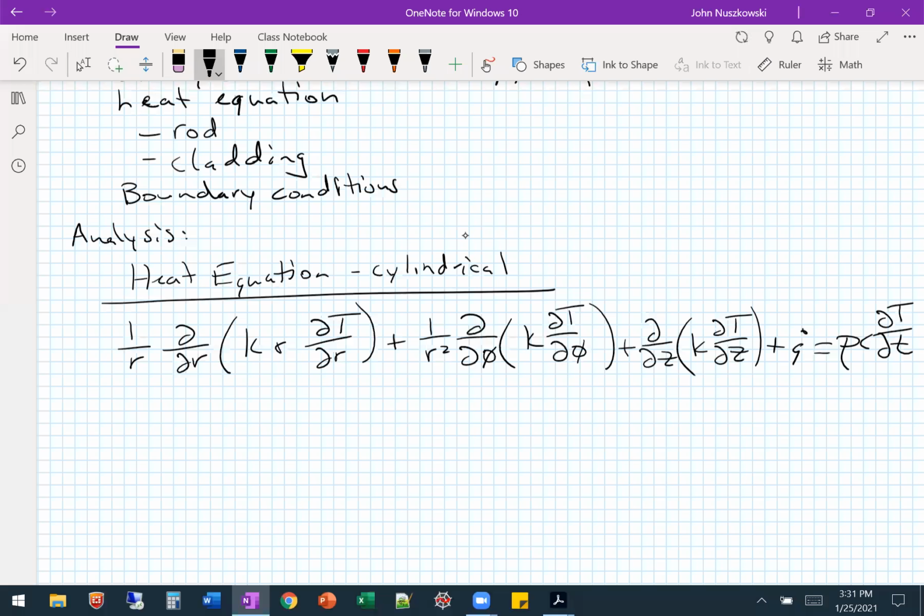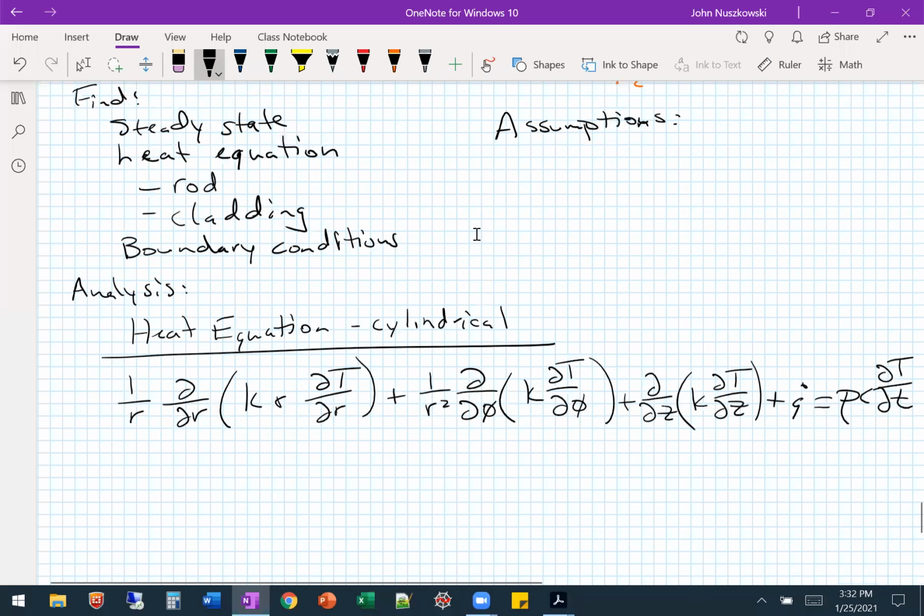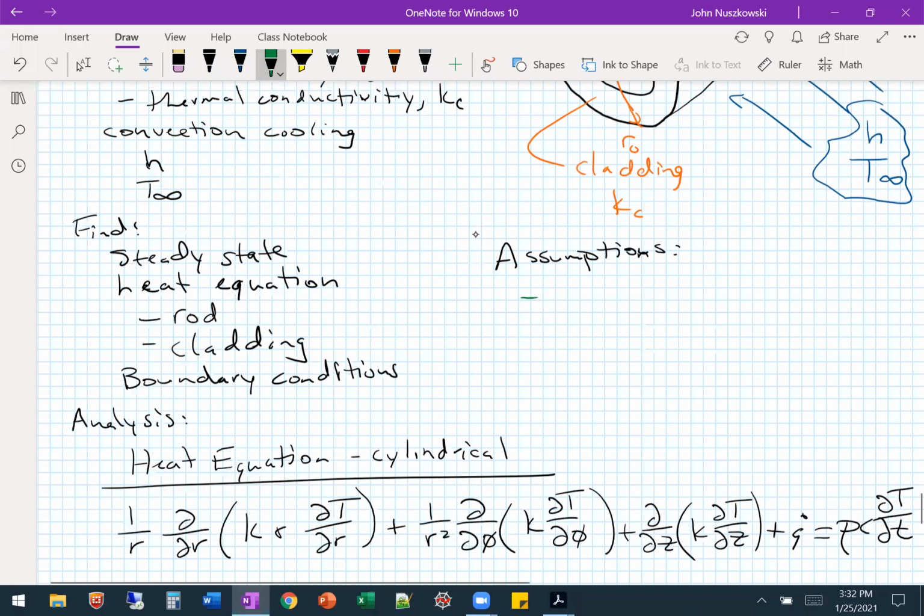So what can we assume or cancel in this case? Well, we have steady state, so whatever's on the right side of the equal sign goes to 0. Okay. And we also have convection cooling, so that's another boundary condition. Well, that'll be a boundary condition.